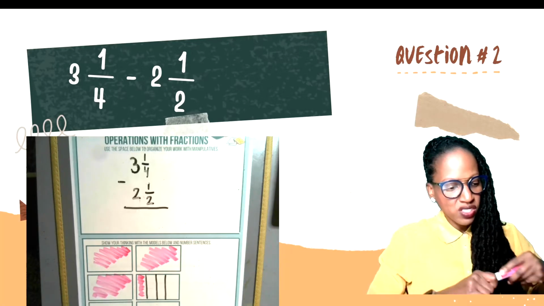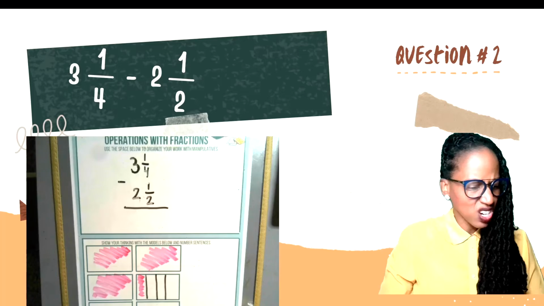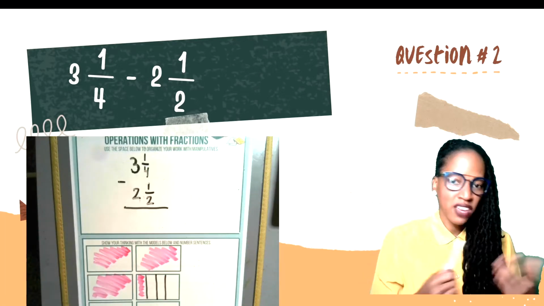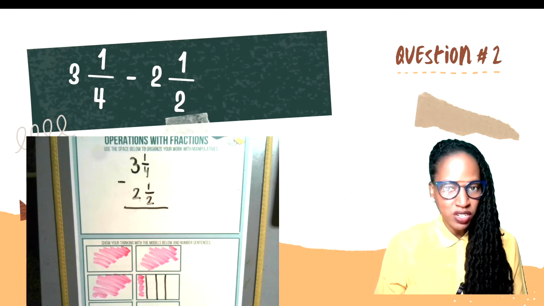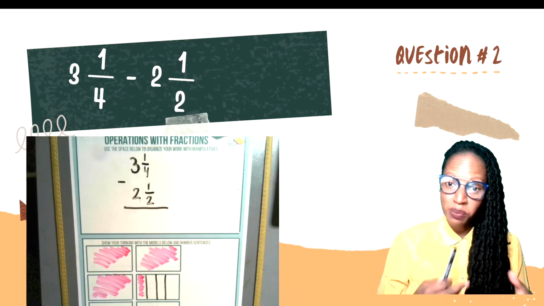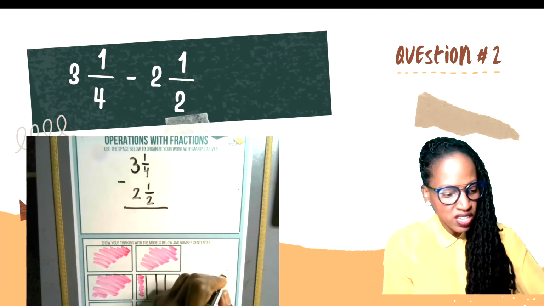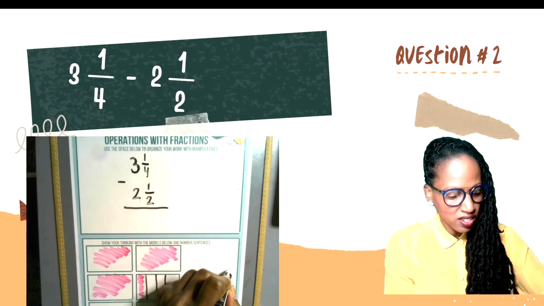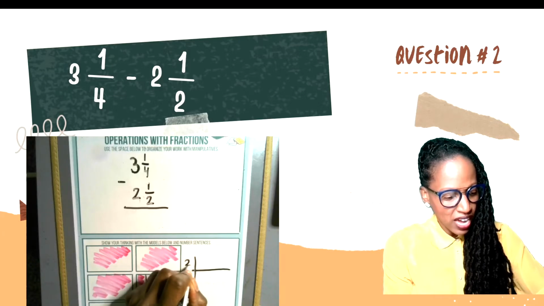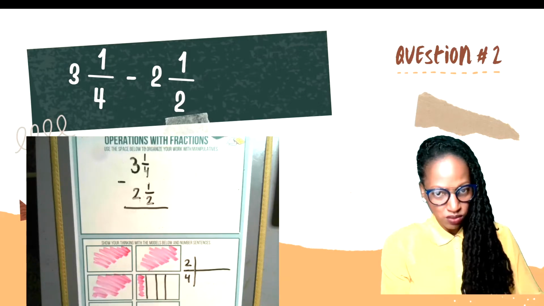Now, they want me to take away 2 1/2, and I can already see that those denominators are not the same. So if I'm thinking about, well, how do I find common units, and I don't have with me manipulatives or models, I'm going to then just go ahead and skip count. So I have halves and I have fourths.